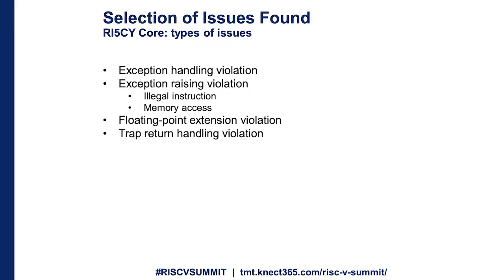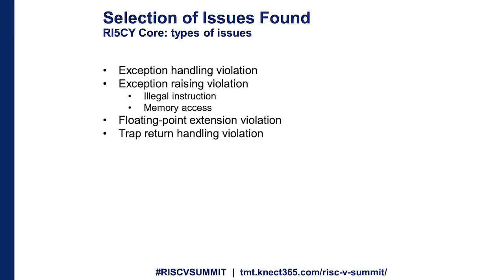We went further, and we applied it to the RISC-V core, a 32-bit implementation from the University of Zurich and the University of Bologna. Applying this methodology, we identified several issues.